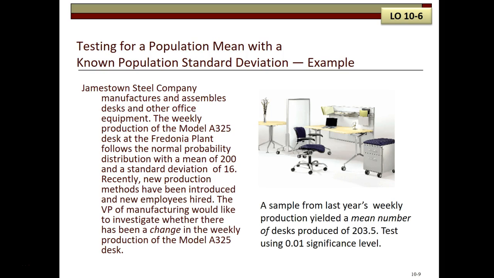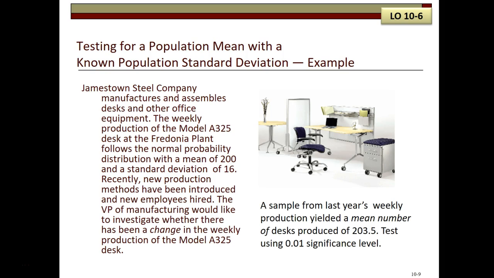Recently, new production methods have been introduced and new employees hired. The vice president would like to investigate whether there has been a change in production. Notice how he says he wonders if there's been a change. That's an important consideration, because he didn't say he wants to see if production has increased. He said he wants to see if there's a change. So there's a potential that they could be producing less.